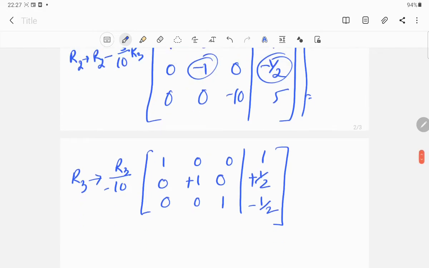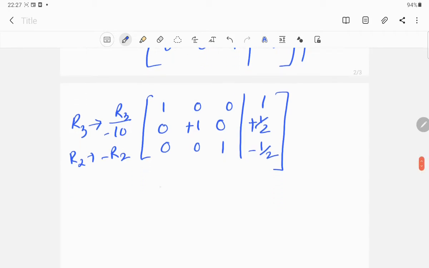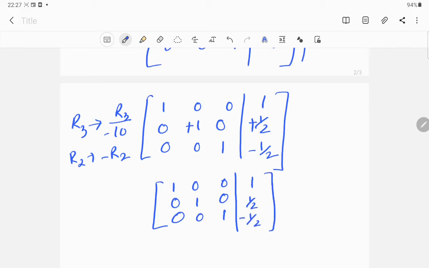So finally, I will write like this, R2 goes to minus R2. Okay, so we finally have this augmented matrix, which looks like this: 0 1 0 0 0 1 1, then half, and then minus half.